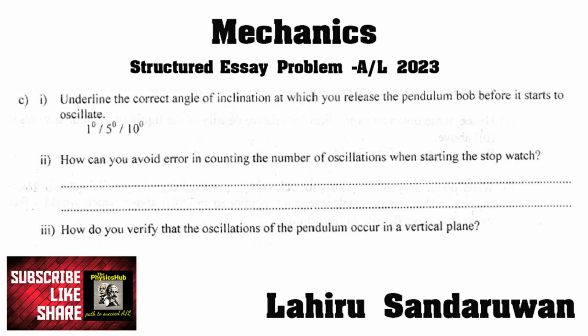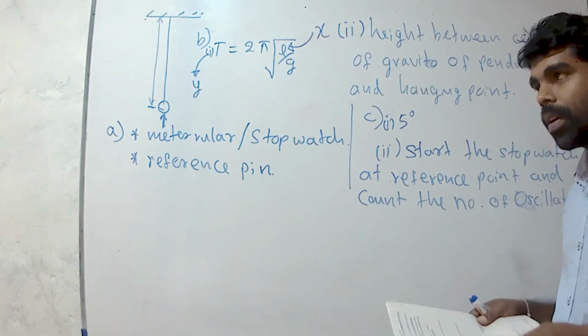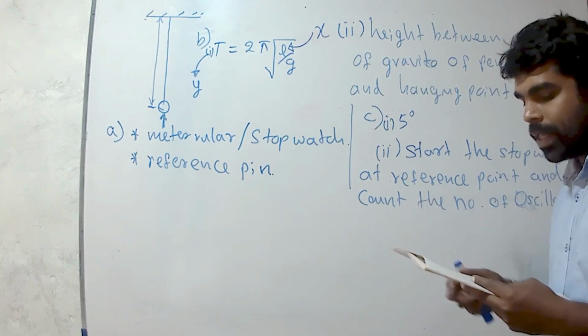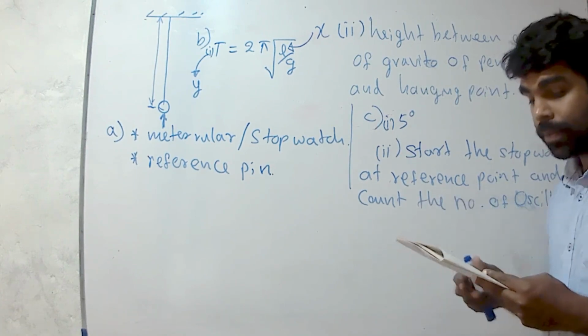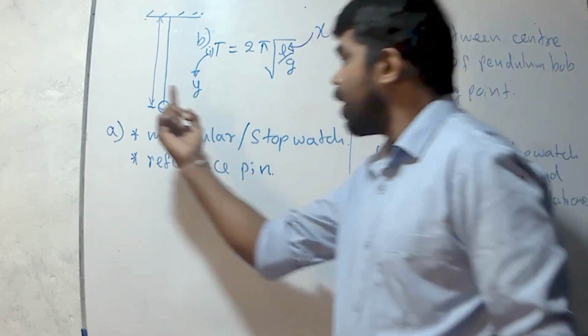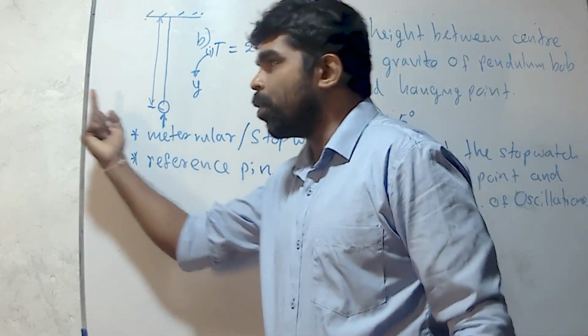Then part 3. How do you verify the oscillations of the pendulum occur in a vertical plane? You have to check that the pendulum is not moving sideways. We have to consider only the movement in this path.